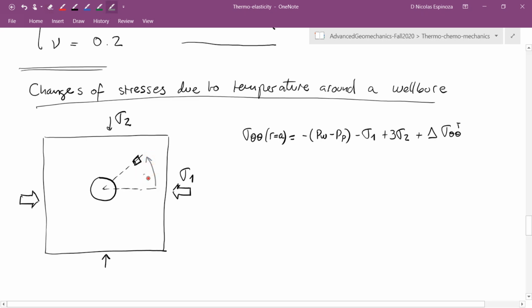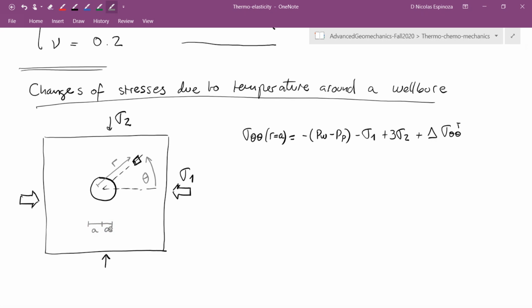Okay, so this is going to be theta, and this is going to be R, where I have a radius of the wellbore equal to A.